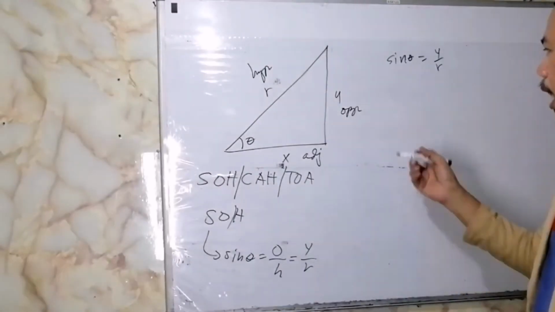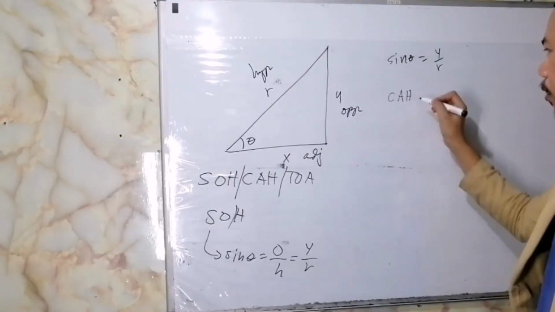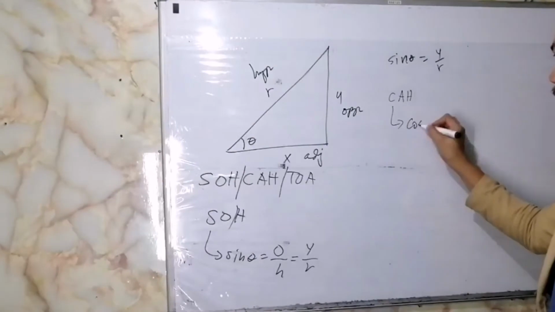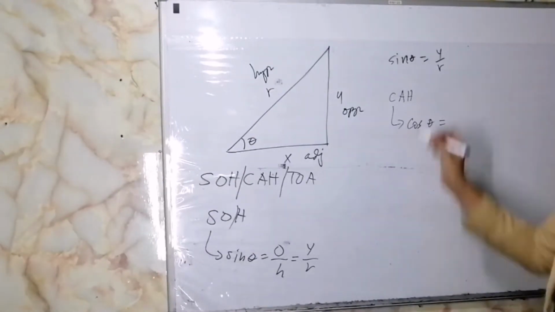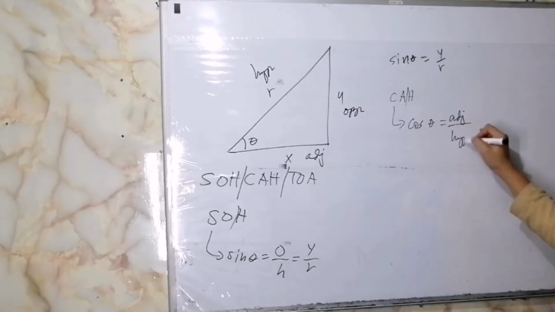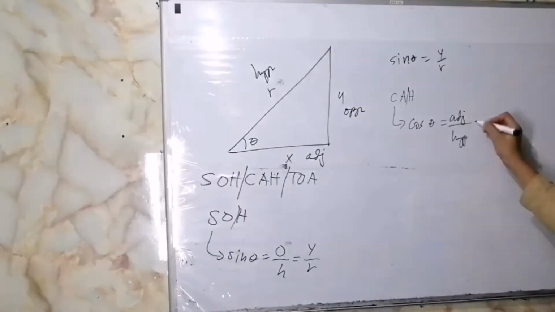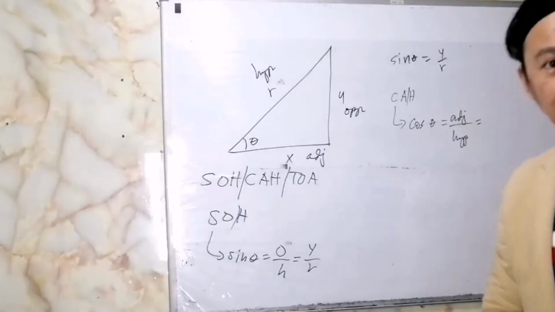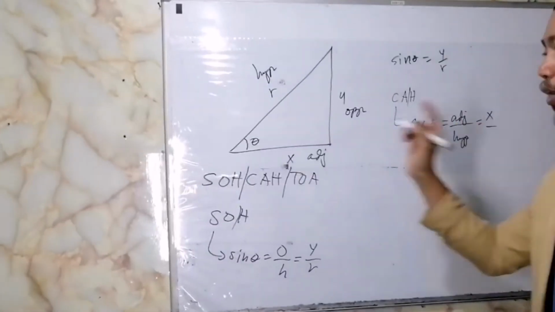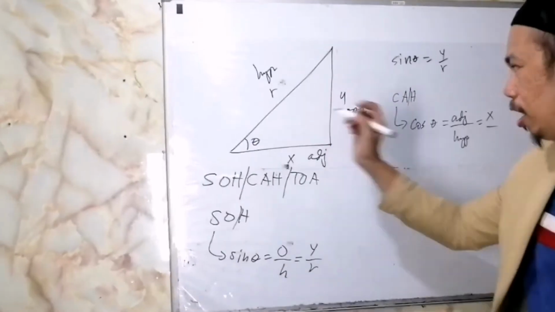Okay? Now, let's go with the CAH. C stands for cosine theta, equal to adjacent over hypotenuse. What's the symbol for the adjacent? That is x. Correct. On the hypotenuse, we have the r.